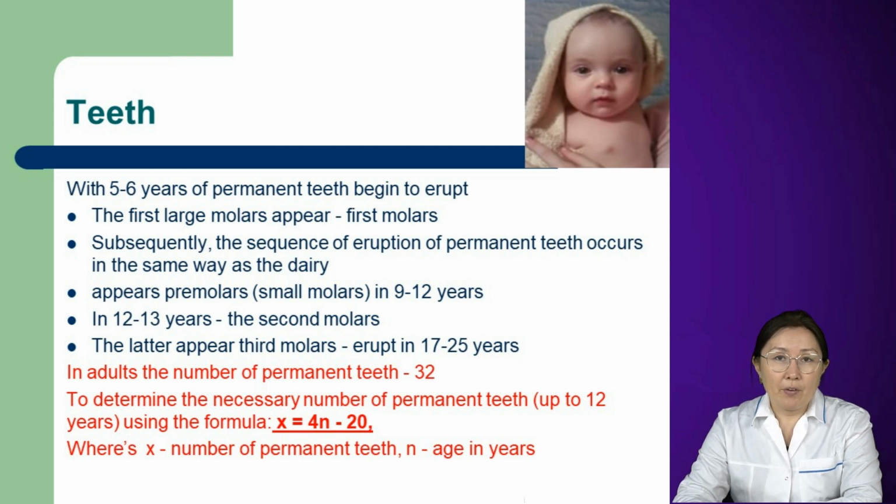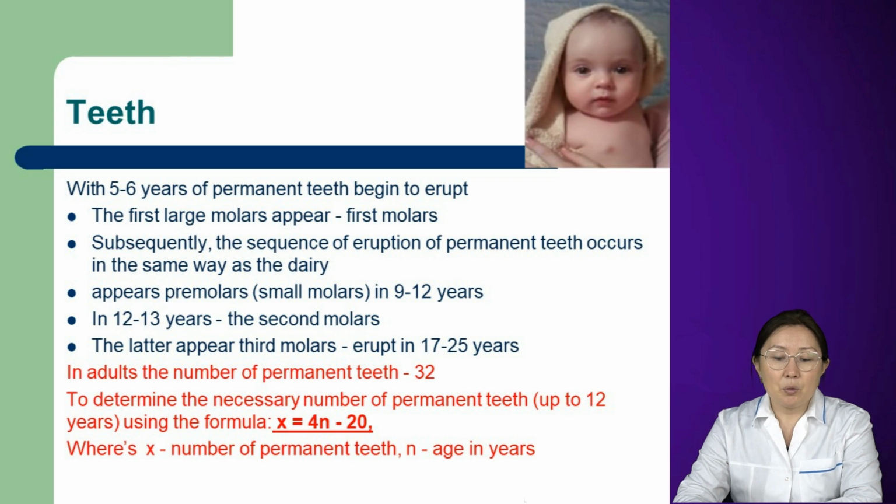From 5 to 6 years, permanent teeth begin to erupt. The first large molars appear first. Subsequently, the sequence of eruption of permanent teeth occurs in the same way as the milk teeth. Premolars, small molars, appear from 9 to 12 years. From 12 to 13 years, the second molars.